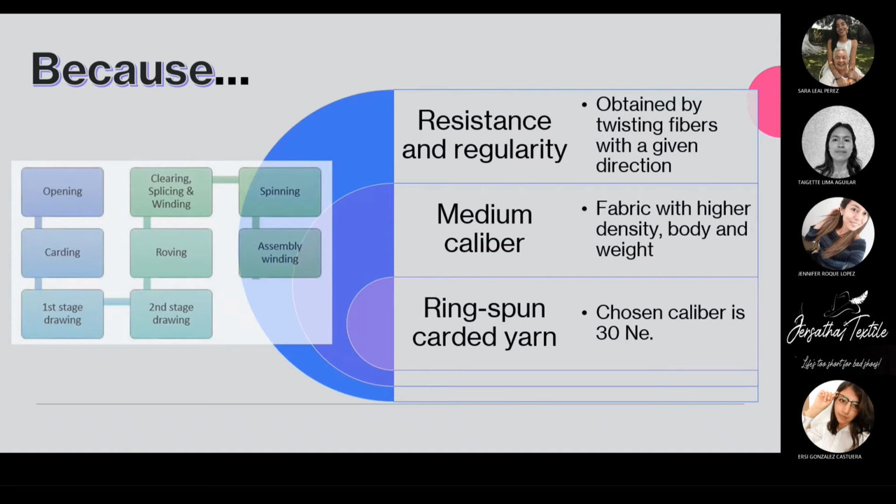The yarn shouldn't be combed nor semi-combed because we do not need fine calibers. The processing steps to make the yarn will be opening, carding, first stage drawing and second stage drawing, roving, clearing, splicing and winding, spinning, and assembly winding.